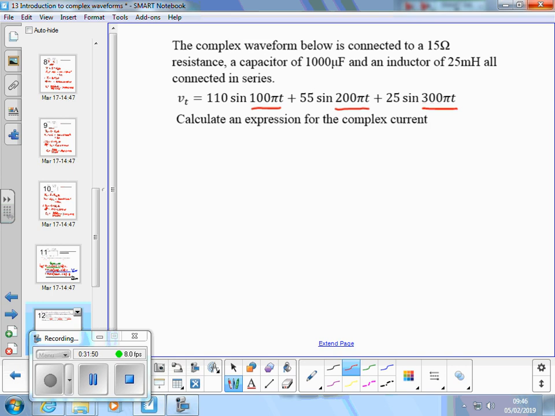You're connecting it to a 15 ohm resistor, an inductor of 25 millihenries, and a capacitor of 1000 microfarads.